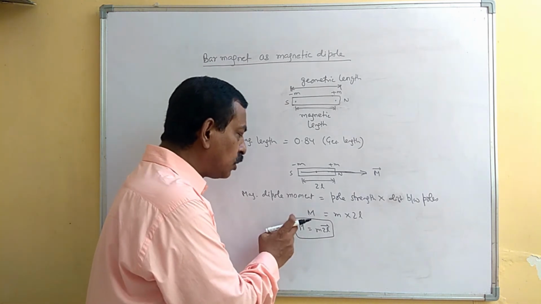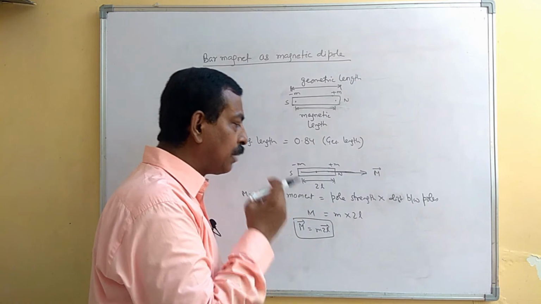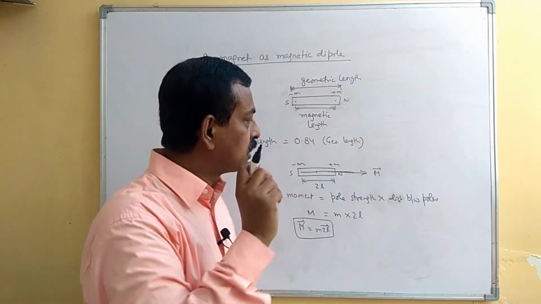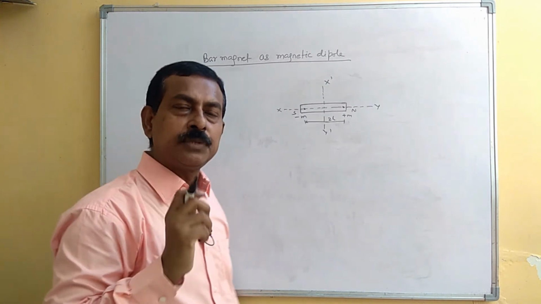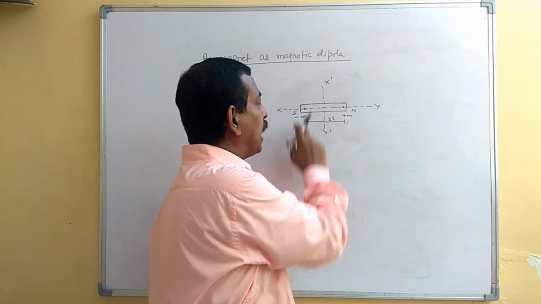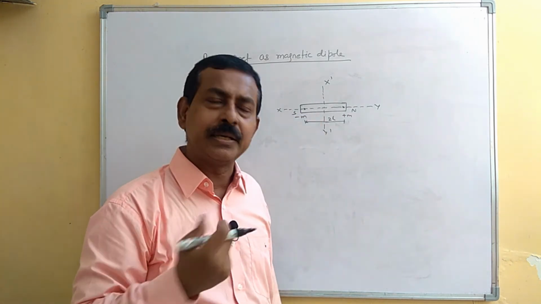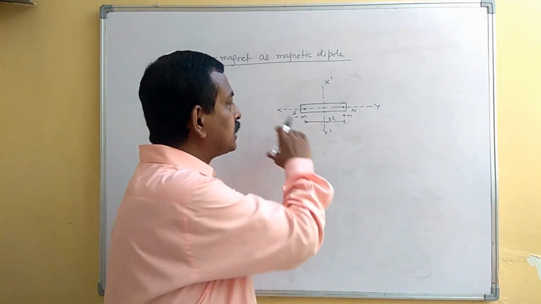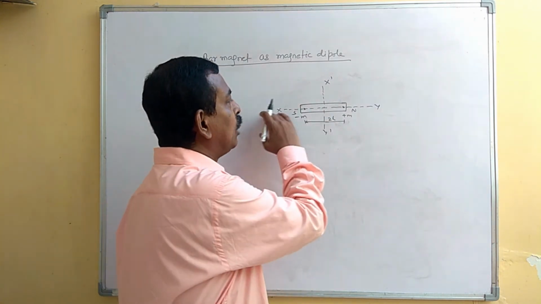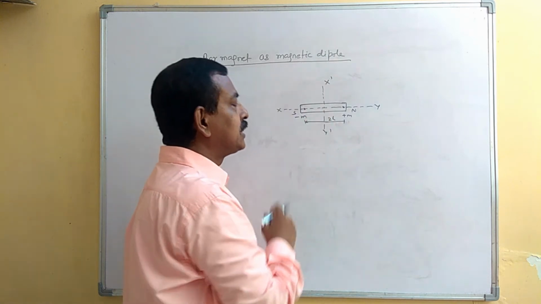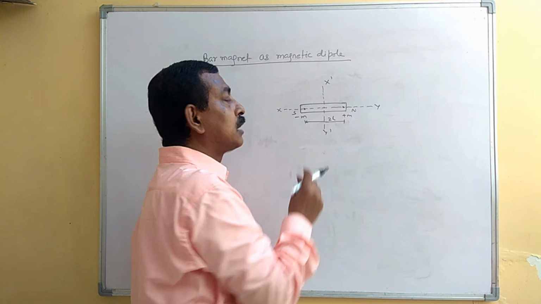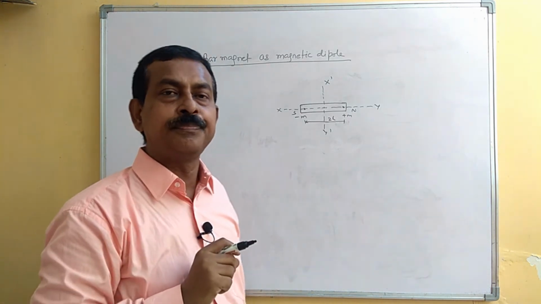Now, based on the relation between the dipole moment and the pole strength, we also have some conceptual questions. Suppose the question says we have a paramagnet or magnetic dipole, cut into two equal halves. In one case it is cut along xy, and in the second case along x dash y dash, into two identical halves.